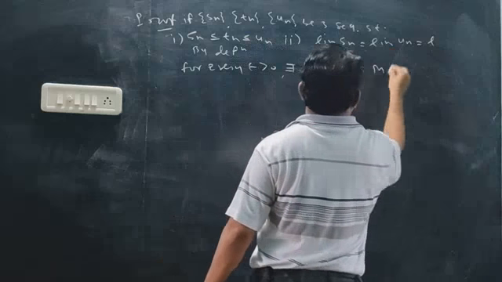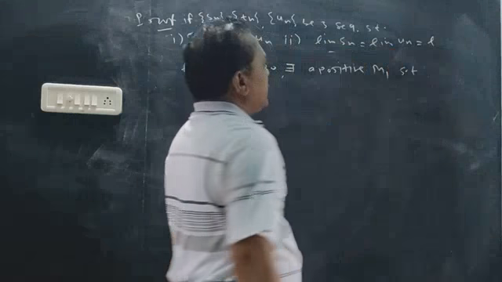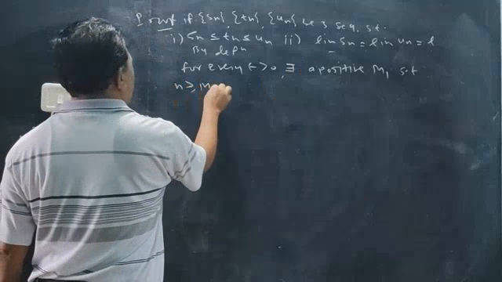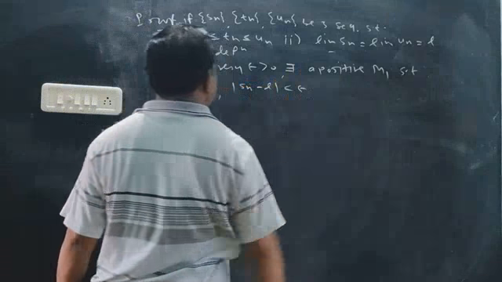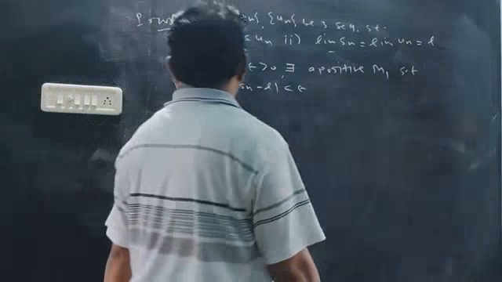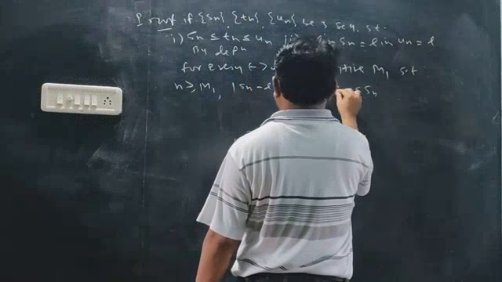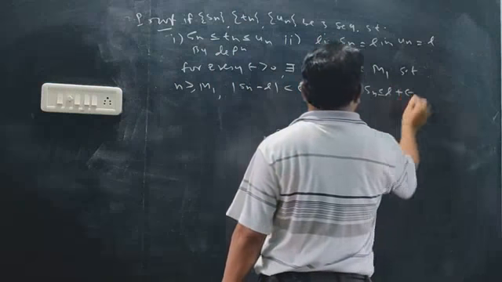But I want it two times, so m1 for Sn and m2, such that for n greater than m1, we have mod of Sn minus L is less than epsilon. That means Sn lies between L minus epsilon and L plus epsilon.